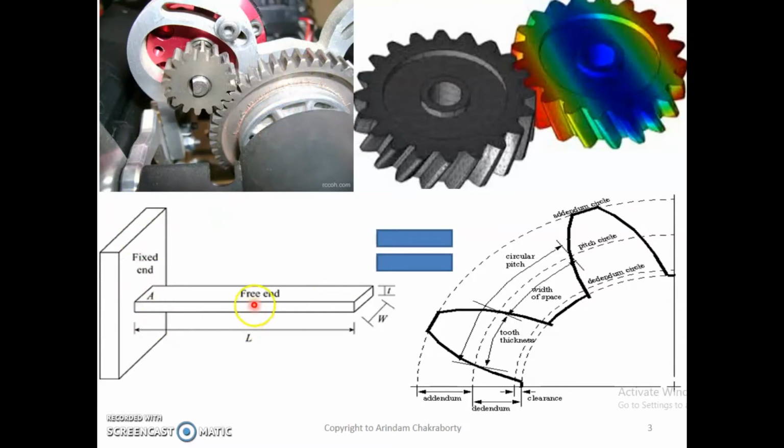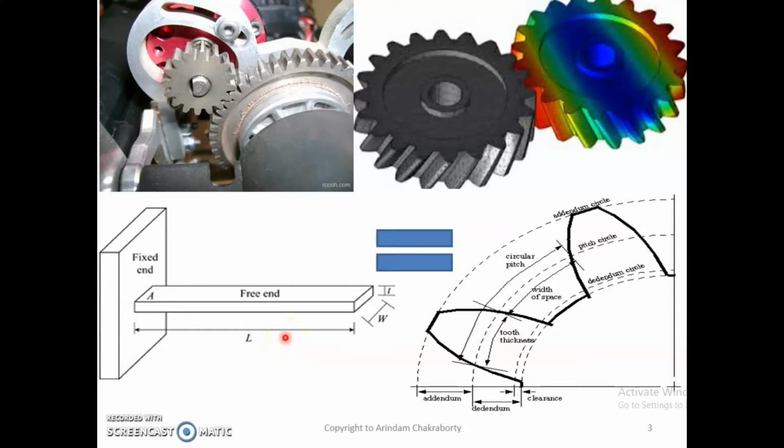The cantilever beam is hanging outside with one end fixed and one end overhanging. Same with the gear tooth: it is fixed over here and hangs outside. So this tooth is nothing but mimicking the cantilever beam. That's why we are considering a cantilever beam.